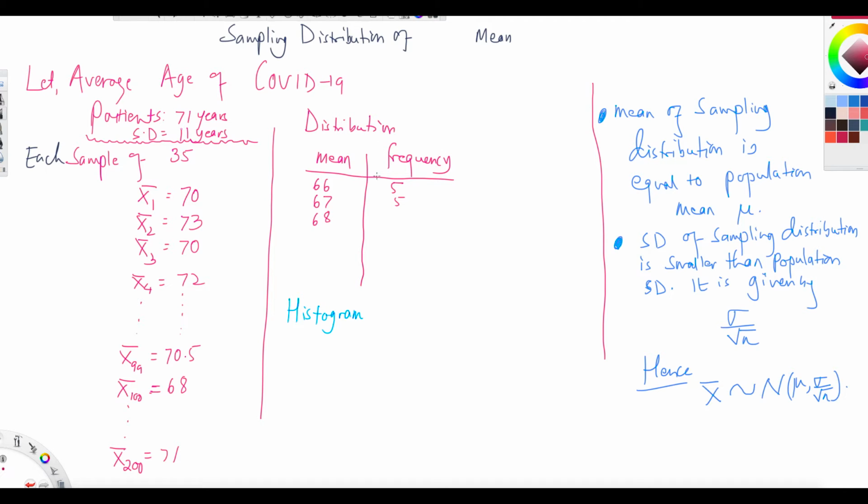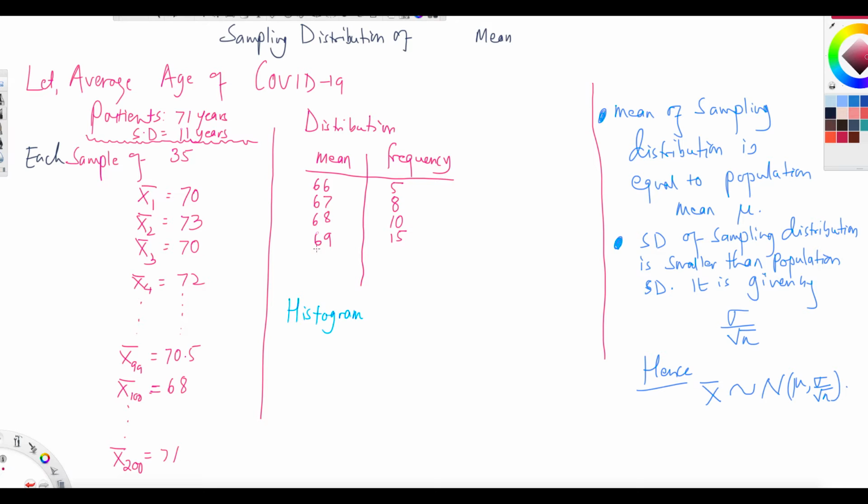Suppose there were 5 samples with mean 66. Let us say there were 8 samples with mean age 67. There were 10 samples with age 68, and 15 samples with mean 69.